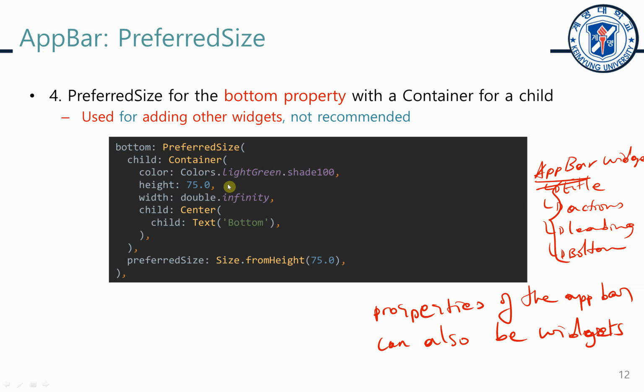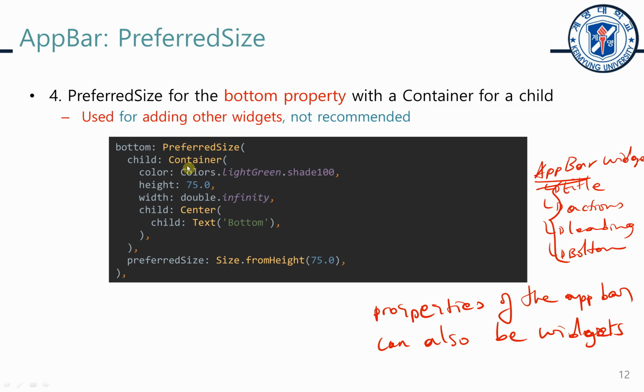So we go ahead and create our bottom property, and then we use preferred size widget in order to populate the bottom property. And then it also has a child, which is a container widget, and this container widget, which we'll discuss later on, has its property, and it has also a child, which is the center widget.